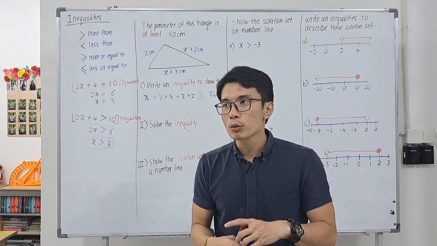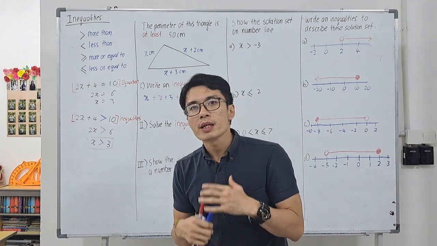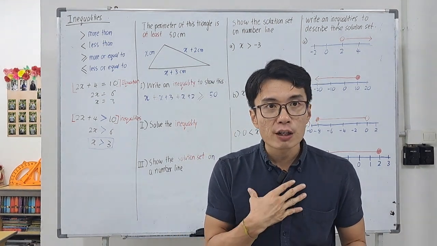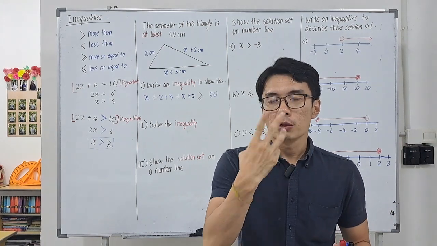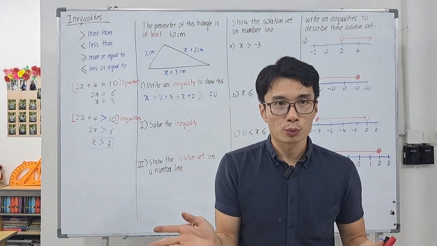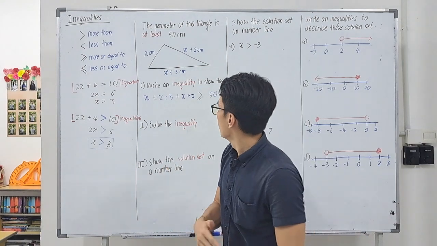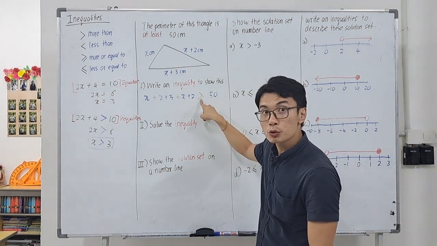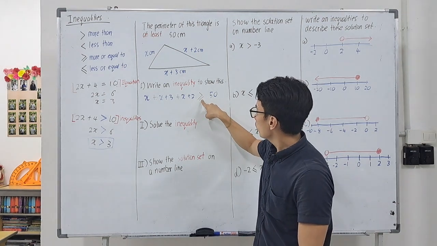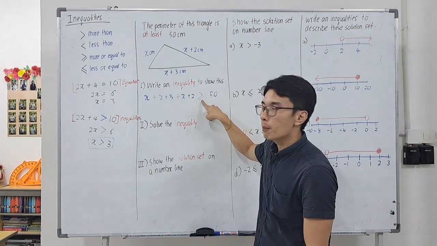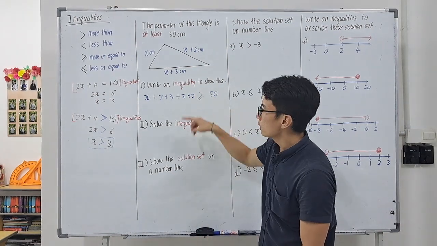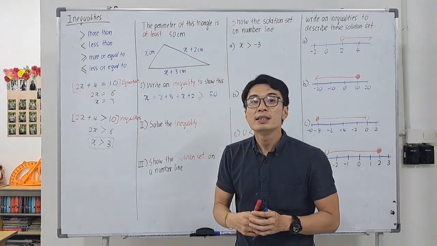If I were to ask a simple question, you must give me at least 2 sweets, it means the minimum value that you can give me is 2. If you give me more, I'm okay with it as well. That's what at least means, and this sign represents that. So this means more than or equal to. Equal to 50 is my minimum value, but at the same time, it can be more than 50 as well. So this symbol represents at least.